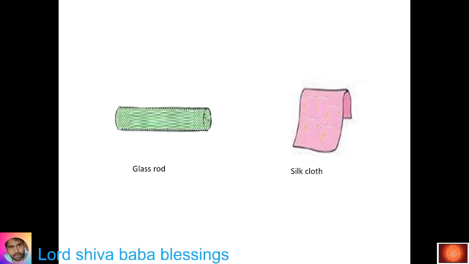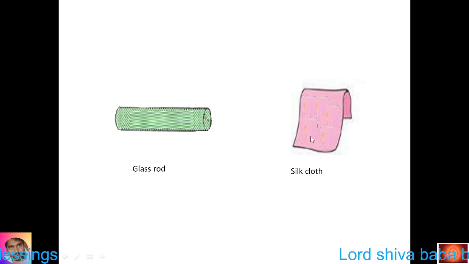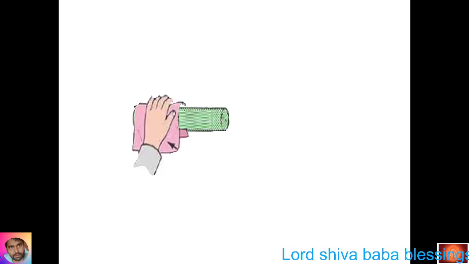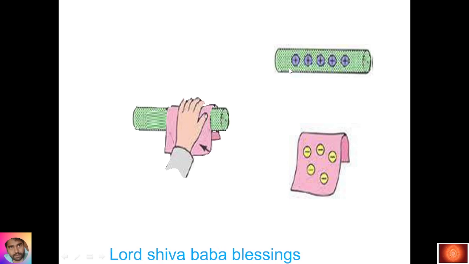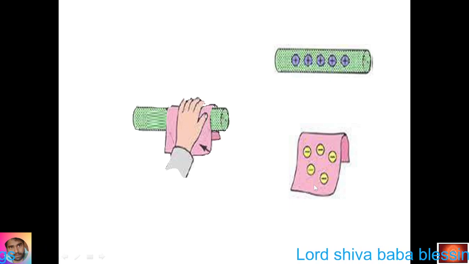Let's consider an example. Here we are taking a glass rod and a silk cloth. When we rub the silk cloth against the rod, the glass becomes positively charged and the silk cloth becomes negatively charged.